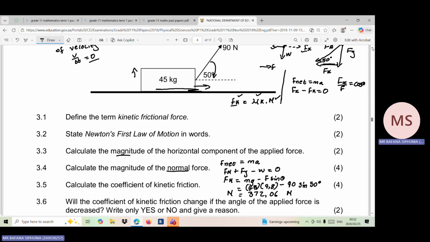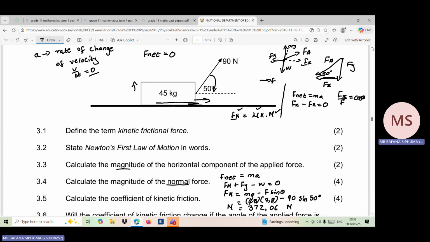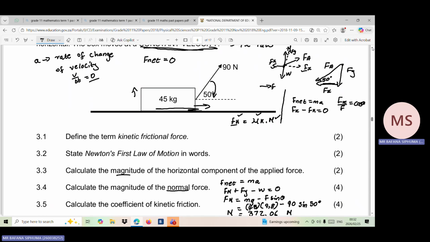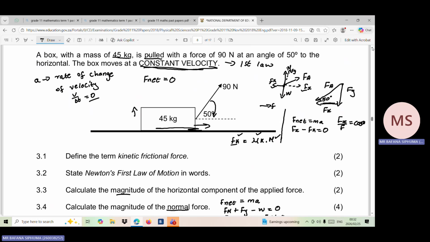Why? Because the question told me it is moving at a constant velocity. See, this one now is different. It's different because for the first motion I told you guys it was about the upward and downward motion that was taking place. So in this case it is different.